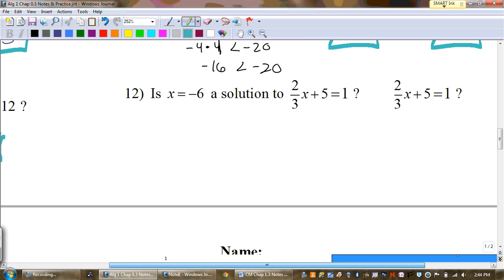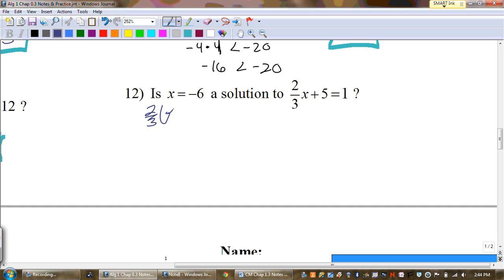Okay, last one. So we have 2/3 parentheses negative 6 plus 5. Does that equal 1? Well, remember that negative 6 right there, that's actually negative 6 over 1.